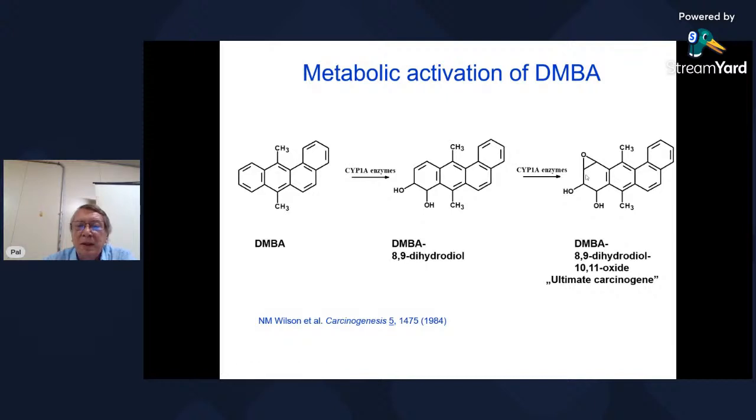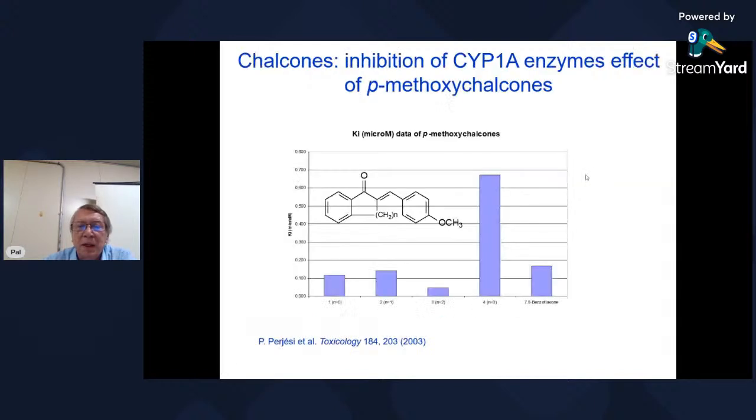To prove this presumption, we investigated the cytochrome P450 1A inhibitory effect of the open chain methoxychalcone, the 5-membered ring methoxychalcone, the 6-membered ring, and the 7-membered ring methoxychalcones, and the well-known inhibitor of the cytochrome P450 enzyme, 7,8-benzoflavone.